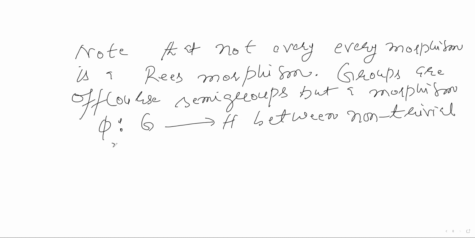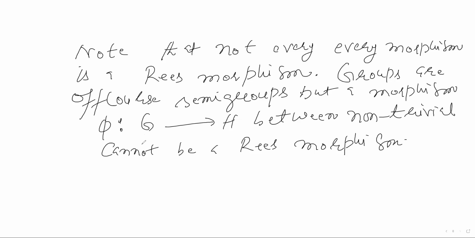Why is it so? क्योंकि रीज मॉर्फिज्म के लिए इसका कर्नल जो है वो कॉन्ग्रेंस होना चाहिए, रीज कॉन्ग्रेंस. एंड ग्रुप्स हैव नो प्रॉपर आइडियल्स.